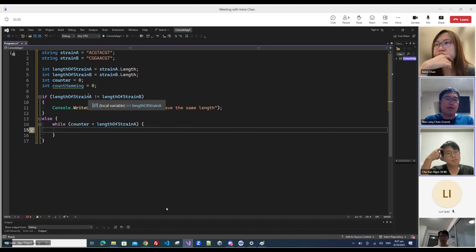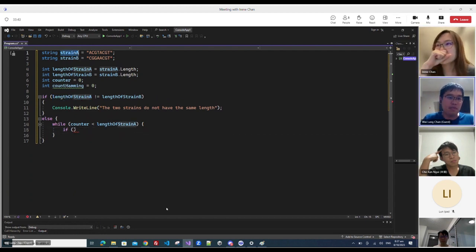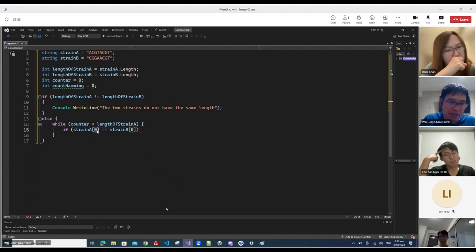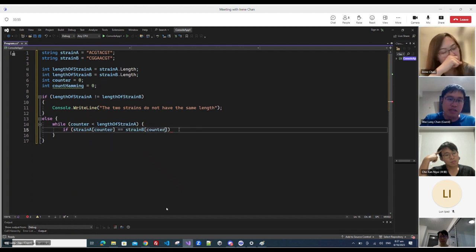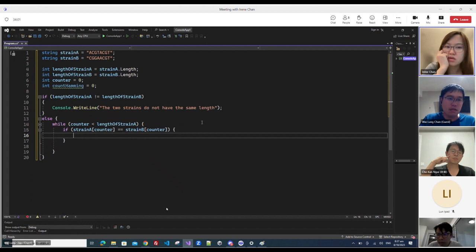Okay, we're here, and then you can see if we can get the first character by doing this. Oh no, it's counter, sorry, so it should start at 0. Then the length of string A.